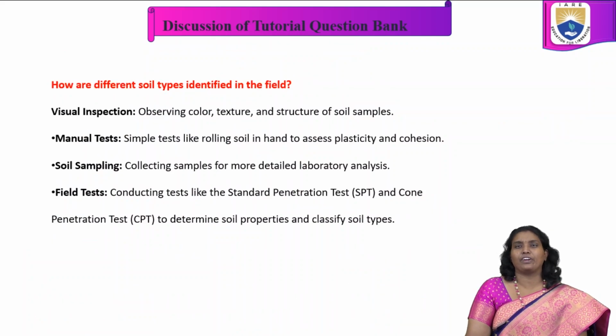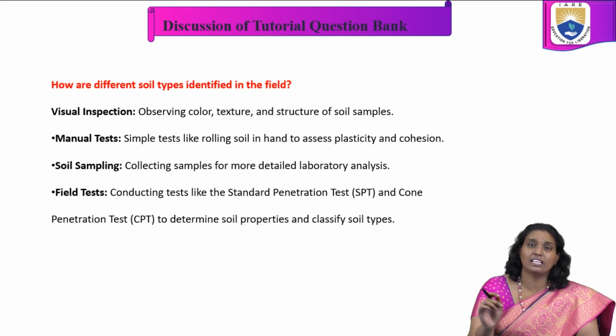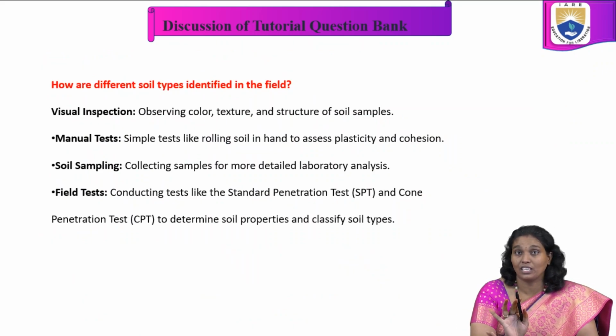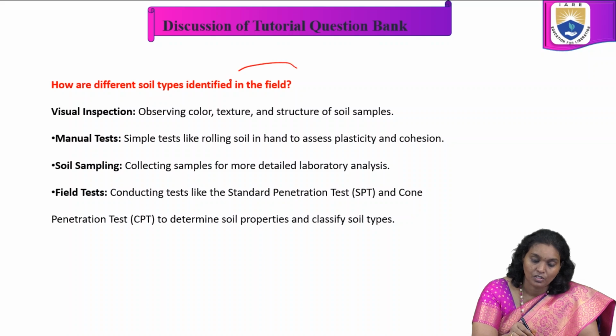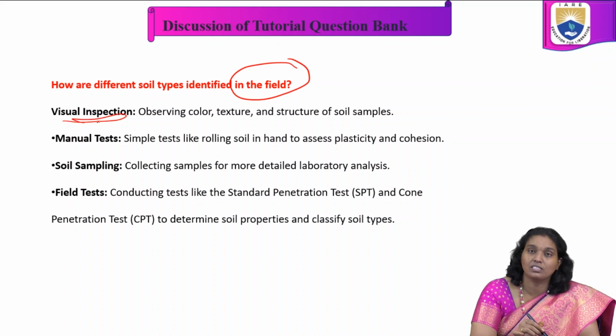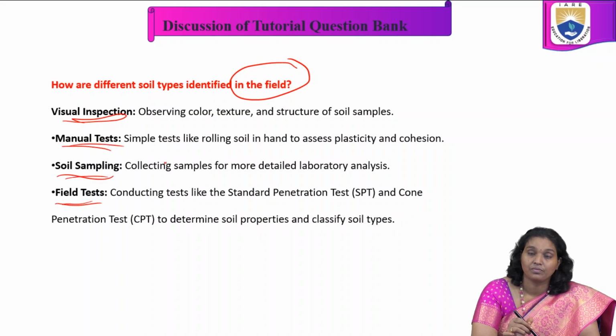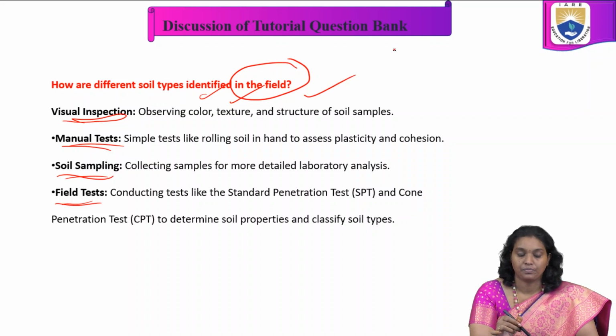Like this, we are going to analyze the tests. How are different soil types identified in the field? It is the same as what we understood previously, but here there is a little difference. How are we understanding different soil types in the field? The on-site tests are different now: visual inspections, manual tests, soil sampling, field tests. Observing color, texture, structure of the soil samples.